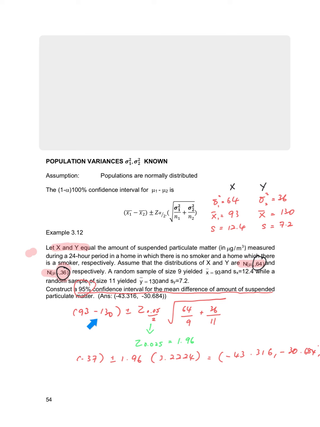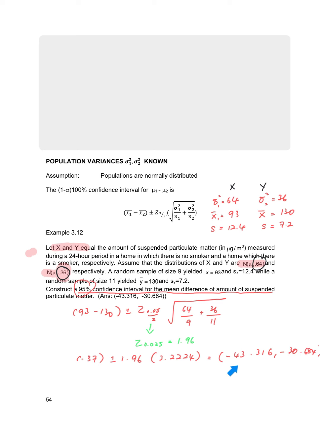Okay, kalau awak nak buat 130 minus 93 pun tak ada masalah. Okay, jawapan awak nanti akan berbeza, dia akan jadi terbalik lah. Kalau awak buat 130 tolak 93 tak ada masalah, Y tolak X tak ada masalah. So nanti kat sini dia akan jadi positif, dan kat sini dia terbalik lah, 30.684 and 43.316. Okay, maksudnya confidence interval ni adalah positif.